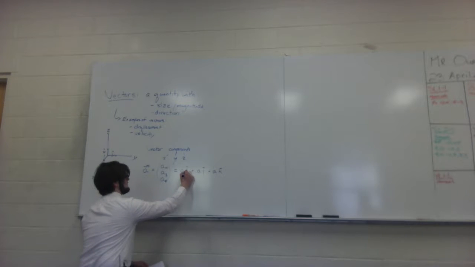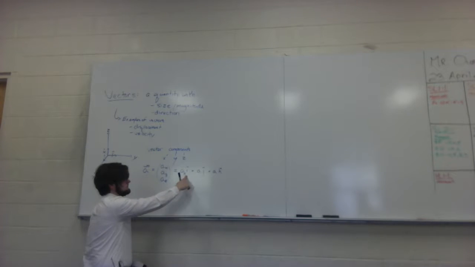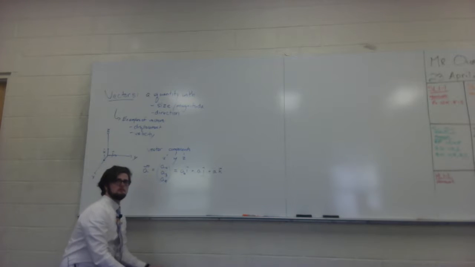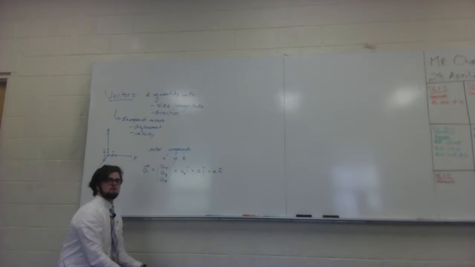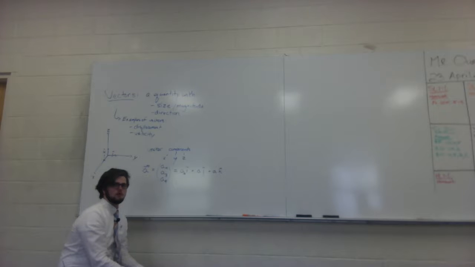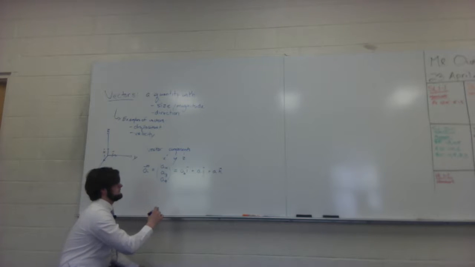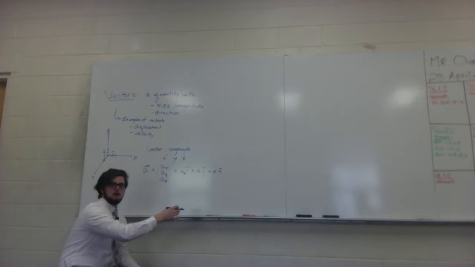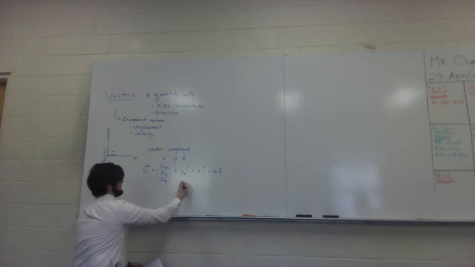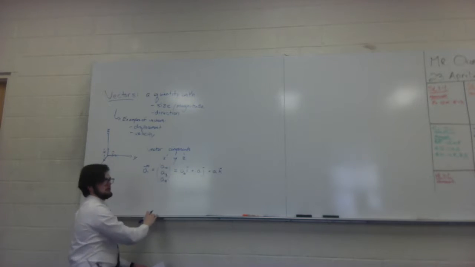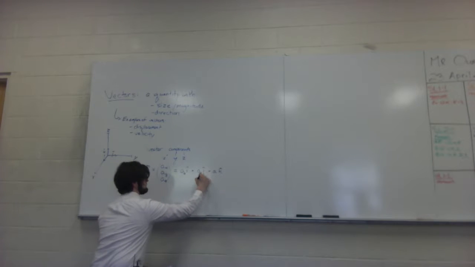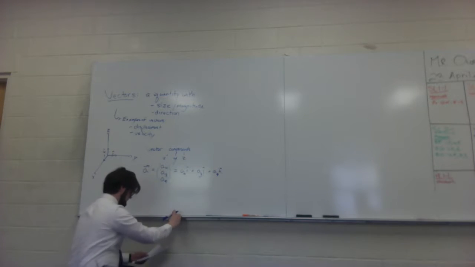So we have to say that a, the component of a in the x direction, is attached with the x direction. These numbers can all be different, and each one is associated with the component. Yeah, I got it. Cool.